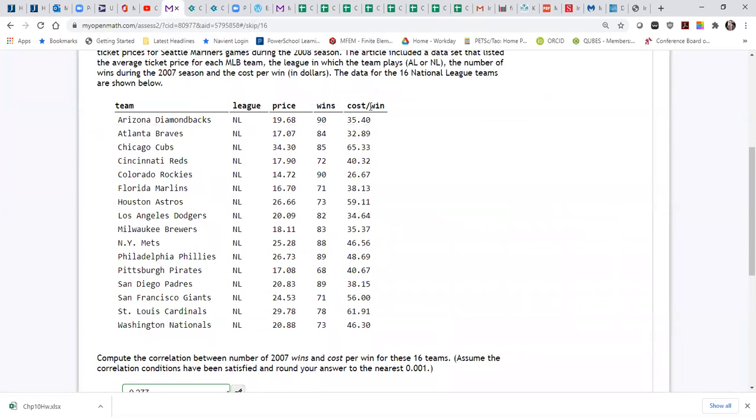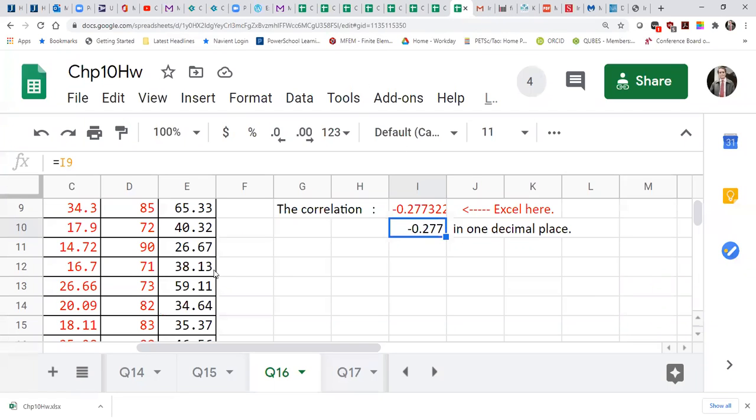Yeah, you have to change it because the correlation now is win and cost, right? So before, I think you had C, so you need to change the C to the E. So you can see here, before it was the correlation between A and D.